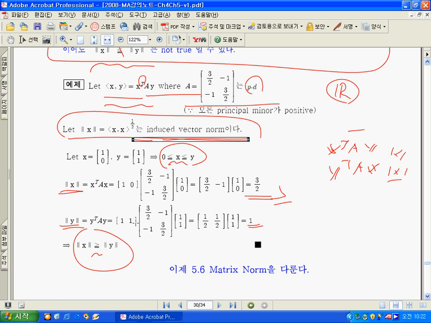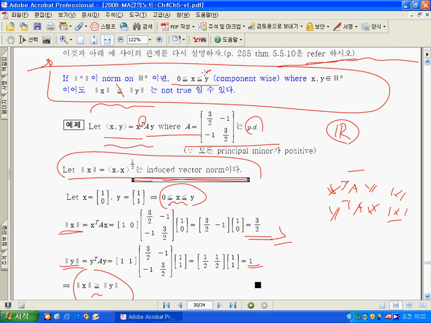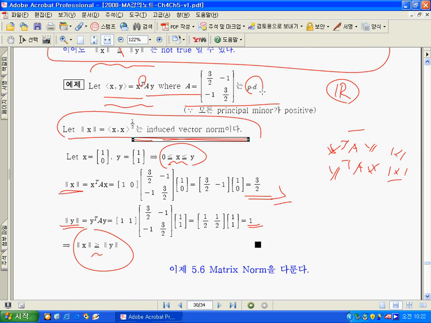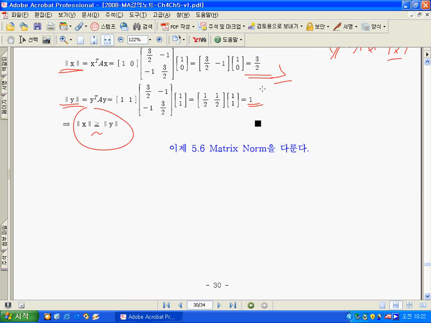So, in general, this component-wise inequality is not invariant on norms.